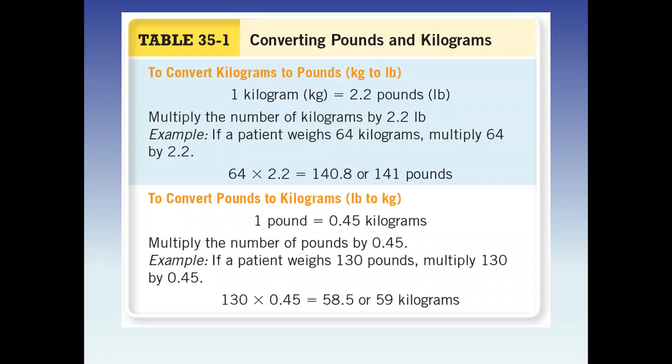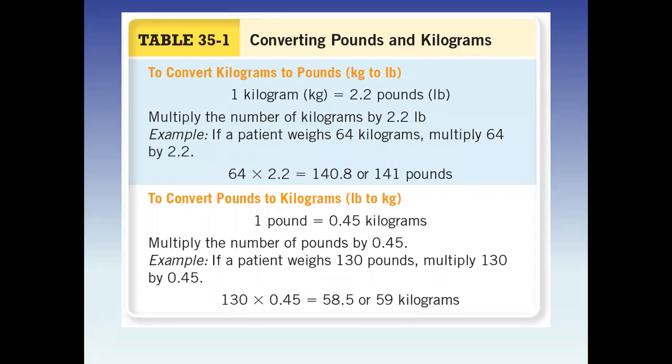So this is converting pounds to kilograms. One kilogram is 2.2 pounds. So you multiply the number of kilograms by 2.2. For example, if the patient weighs 64 kilograms, multiply 64 by 2.2, and it would be 140.8 pounds. Converting pounds to kilograms, one pound is 0.45 kilograms.